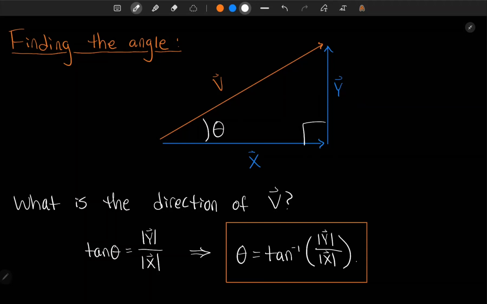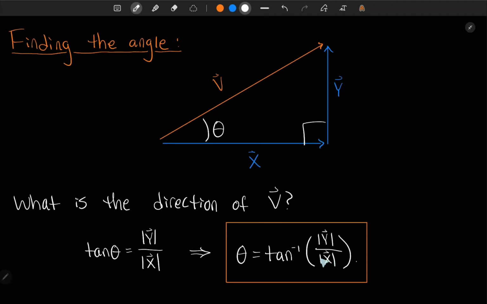Assuming that, we can use SOHCAHTOA. So SOHCAHTOA says, what is the direction of v? Well, the tangent of this theta is equal to the length of the y component divided by the length of the x component. Then you can take the inverse tangent, which is just a function on your calculator.